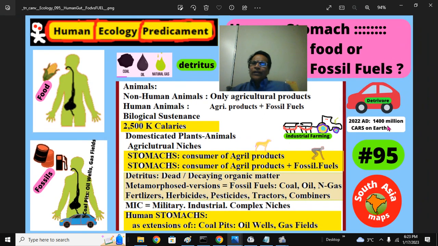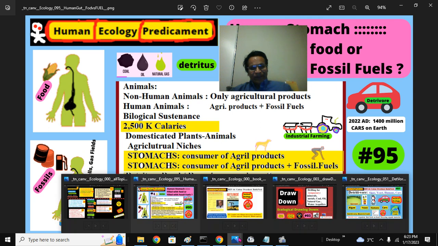There are nearly 1400 or 1500 million cars, not counting the tractors, buses and trucks, lorries and so on, on planet Earth, not counting the two-wheelers, which are even more, in millions, round about 2022 today.